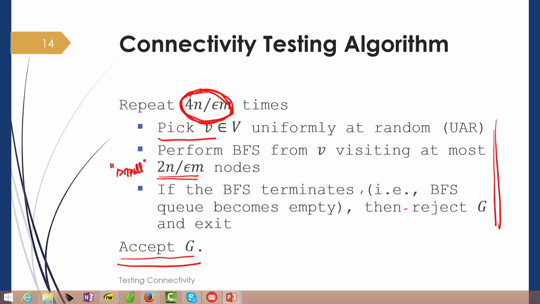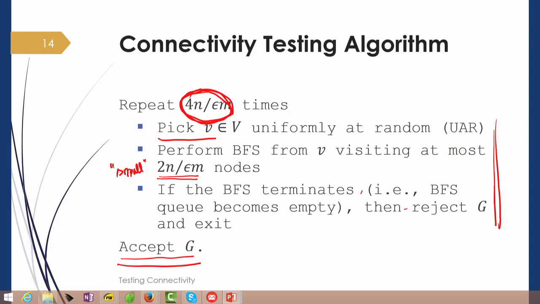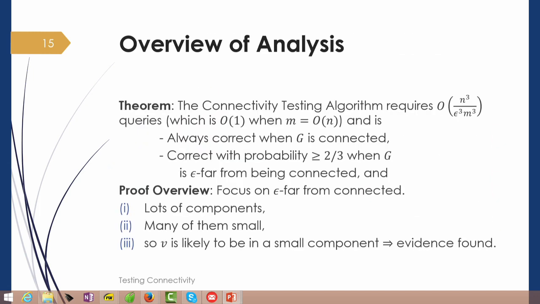Okay, so this is the algorithm, and as you can notice, the algorithm itself is very, very simple. We now have to formally prove that our algorithm indeed accepts all connected graphs and rejects graphs that are far from being connected. In particular, this is the theorem that we need to prove. The connectivity testing algorithm requires O of n cubed over epsilon cubed m cubed queries.